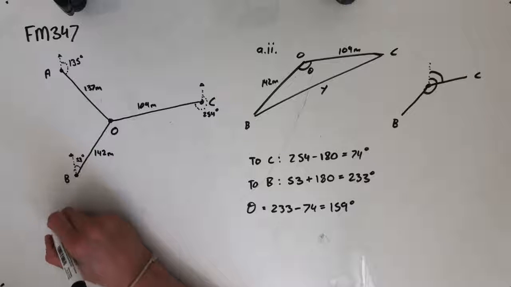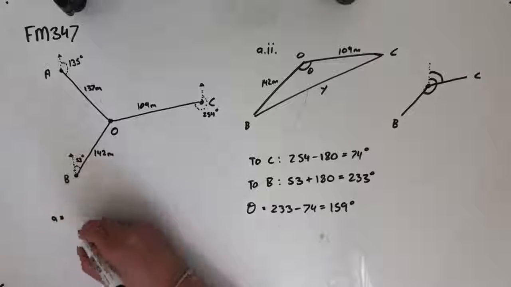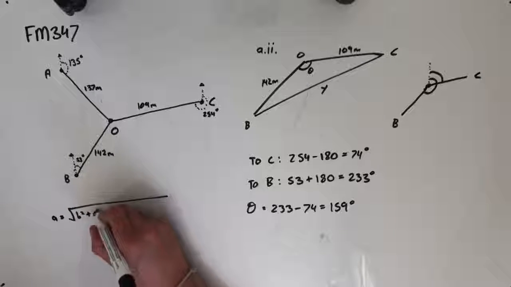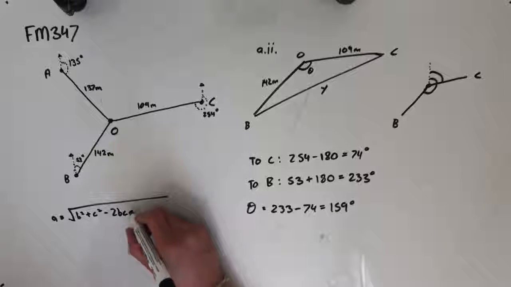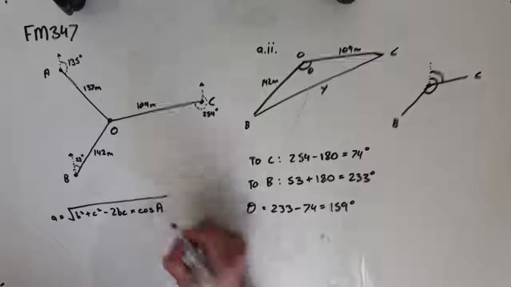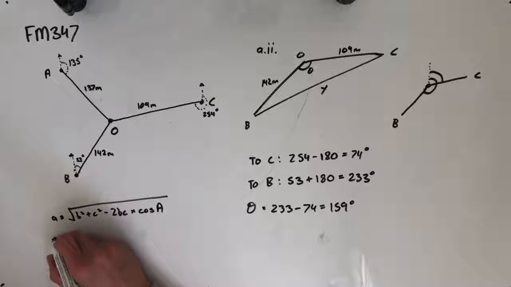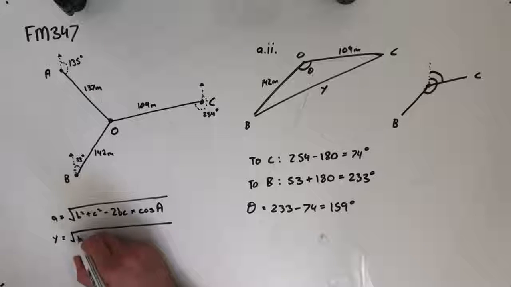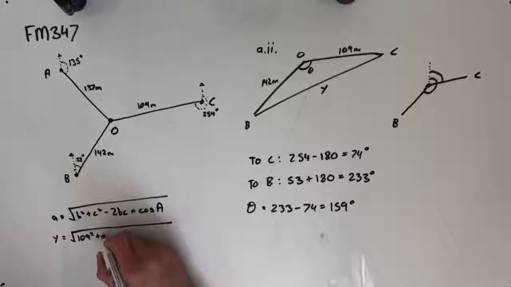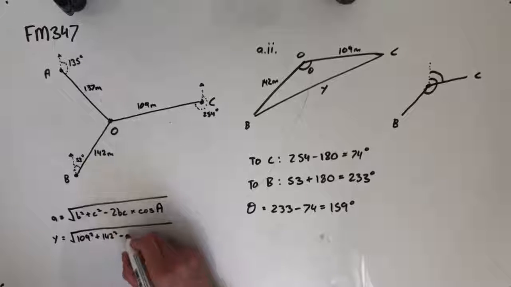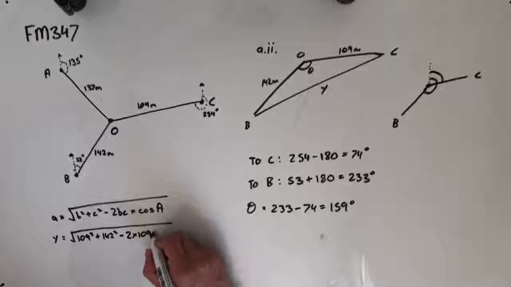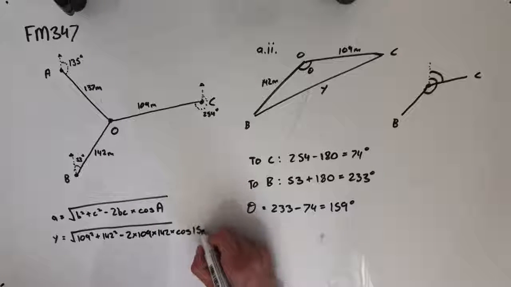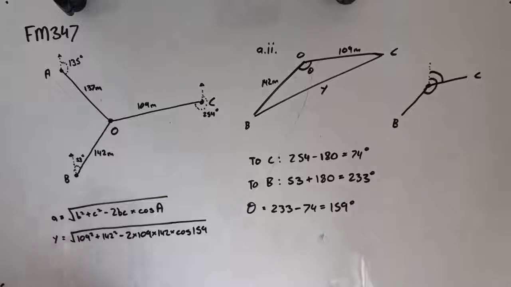So I'm going to just jump straight into the rearranged equation for the cosine rule. So a is equal to b squared plus c squared minus 2bc times cos A. Substituting our values in here, we should get y is equal to the square root of 109 squared plus 142 squared minus 2 times 109 times 142 times cos of that angle we just found, 159 degrees.